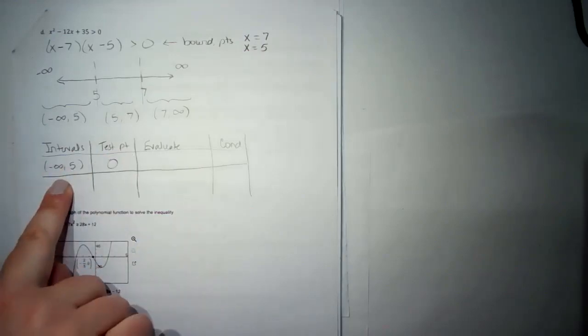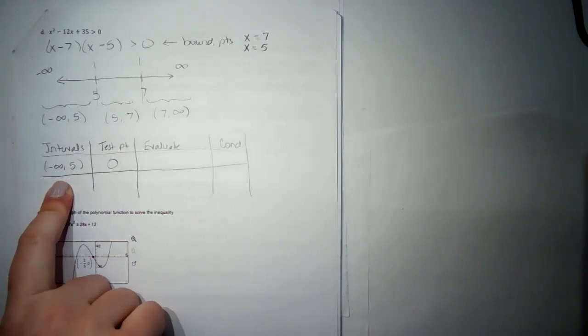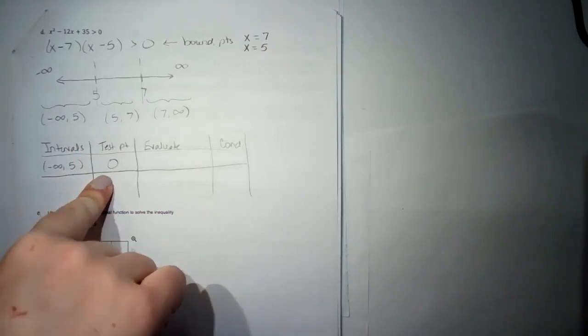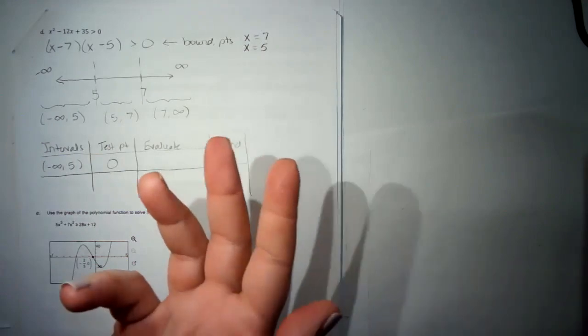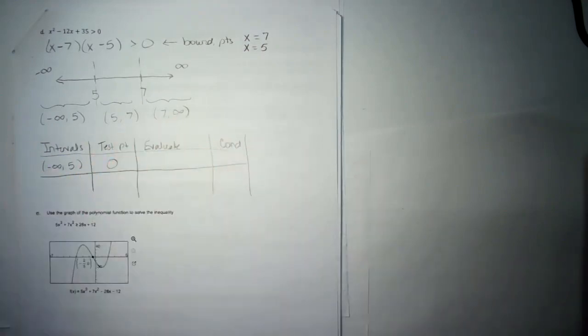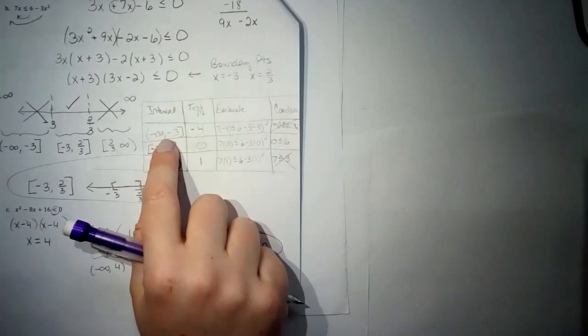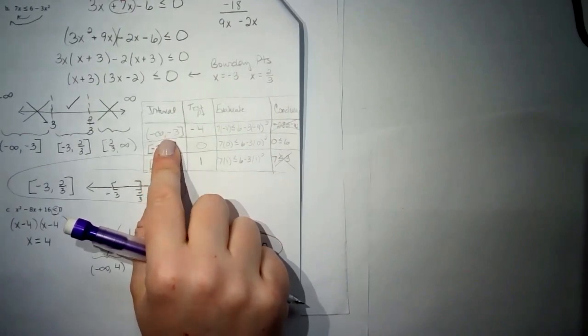They'll go, -infinity to 5, I'm going to choose 7. And then they'll test it, and you're going to get the wrong conclusion, because if your test point's not in the interval, you don't know if the interval's right. It happens all the time, especially with negative numbers. For example, with this one, you have no idea how many students are going to tell me, I'm going to test -2.